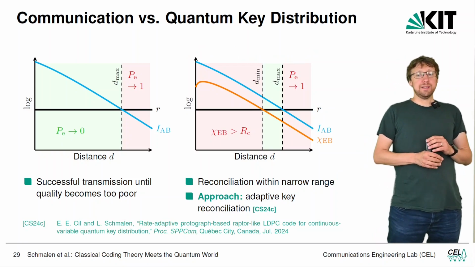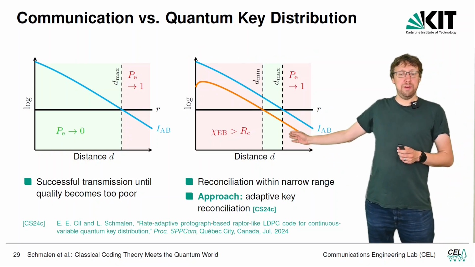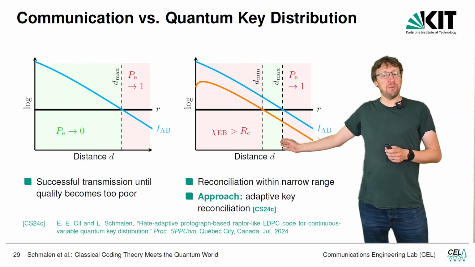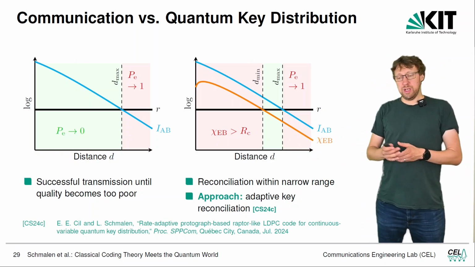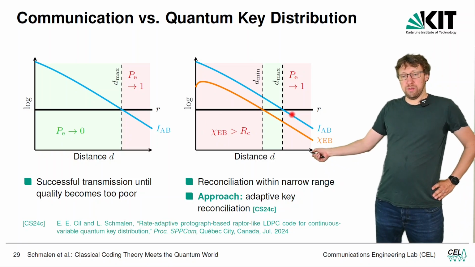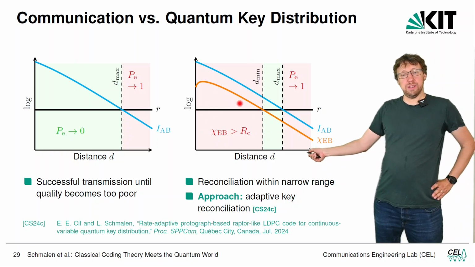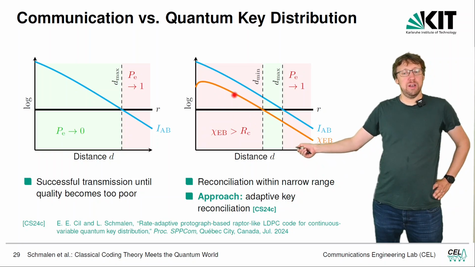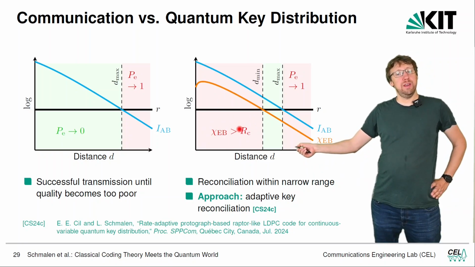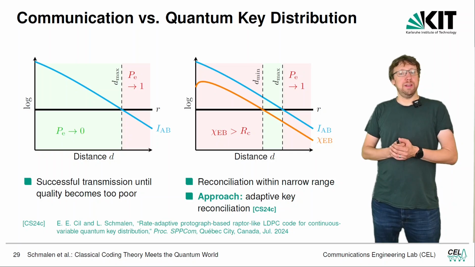And this means that typically reconciliation with a fixed code only works in a certain regime. You have a regime where the rate is below the mutual information. This is where decoding is possible. But if you have a too good channel, the Holevo bound becomes too large. You would leak too much information to Eve, and the secret key rate is not possible anymore.